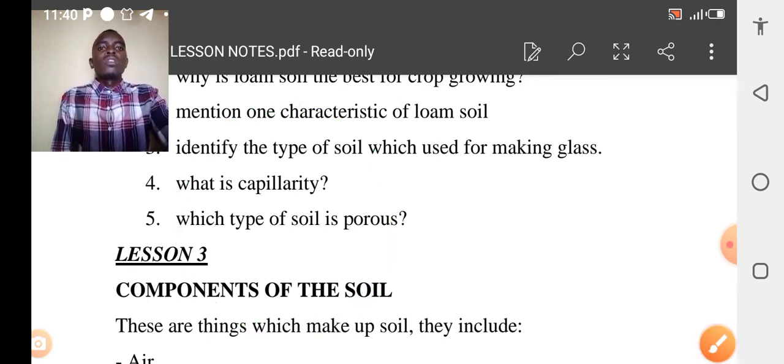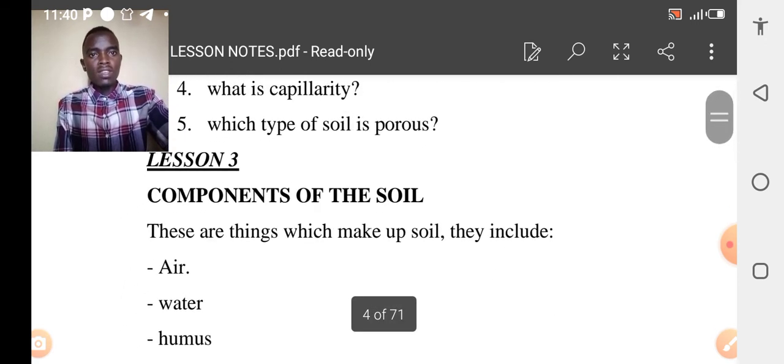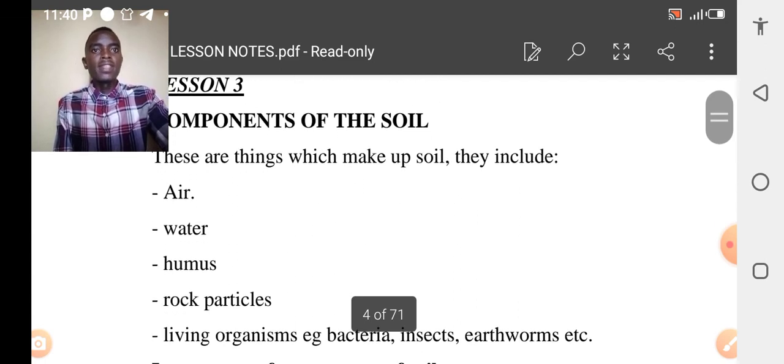So okay, children, pupils, students, and all people around us, I will continue to explain to you about the soil, and now we are going to see the components of soil. The components of soil is lesson 3.